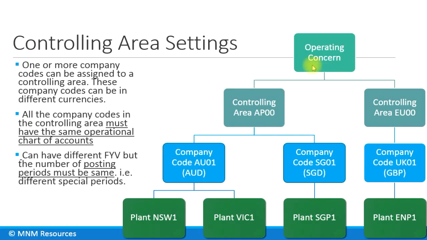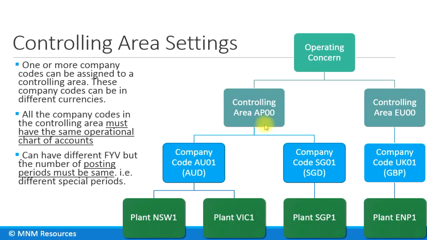I can give a different ID over here. I can even call it OP00 or anything, any 4-character ID. Now, I have done this for the Asia Pacific region controlling area, in which I have a few company codes. Similarly for EU, the European controlling area, I have one company code over here.